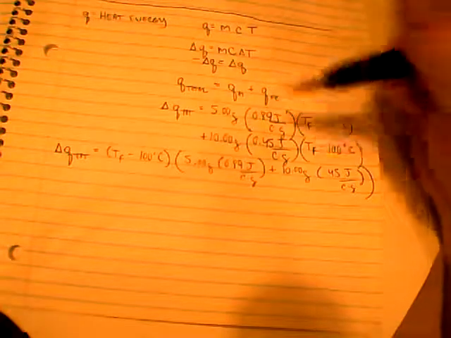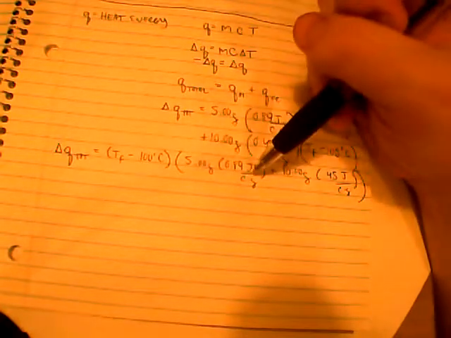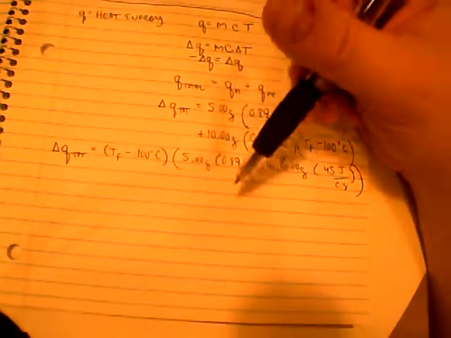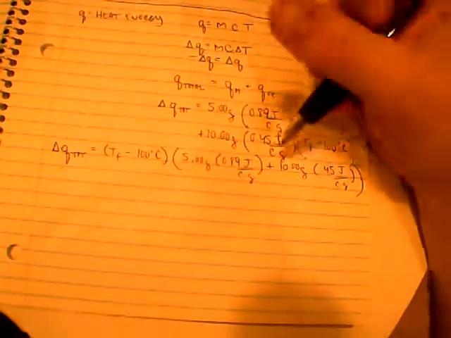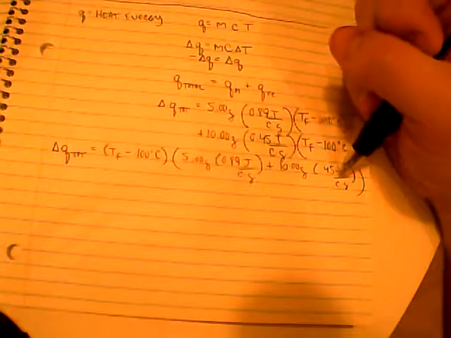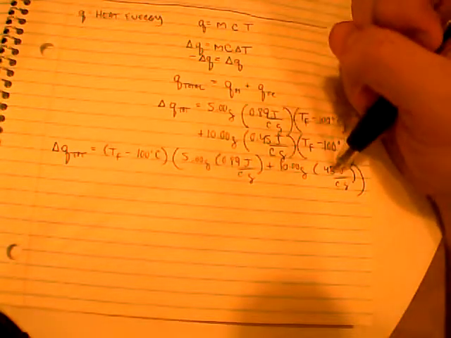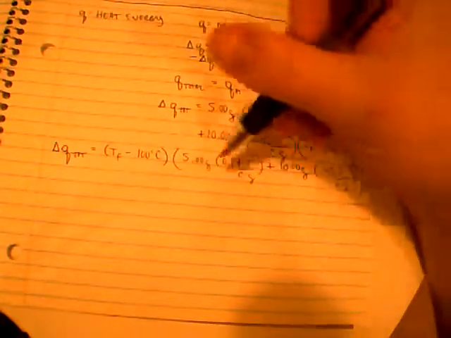And now I can just do the math here. 5 times 0.89 is going to be what, 0.445 or 4.45, and then 10 times 0.45 will be, just move that over 1, 4.5.